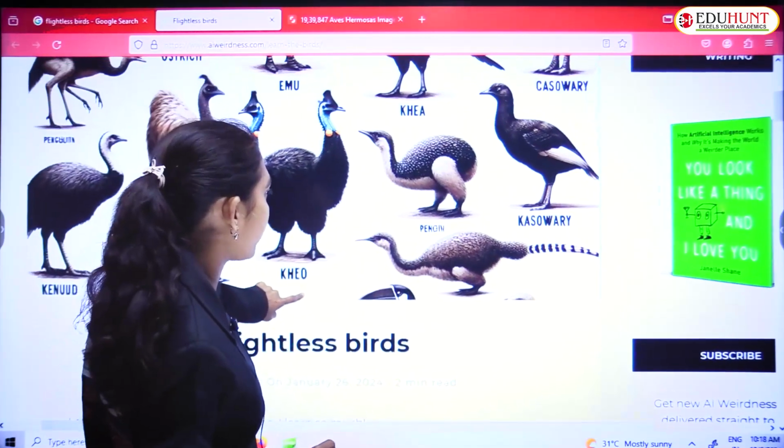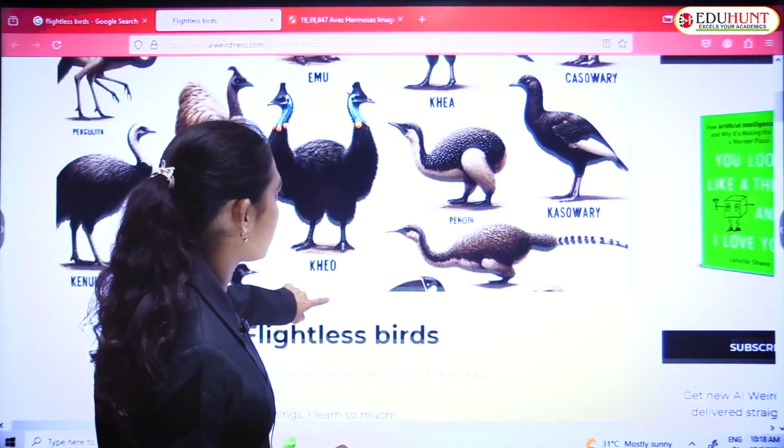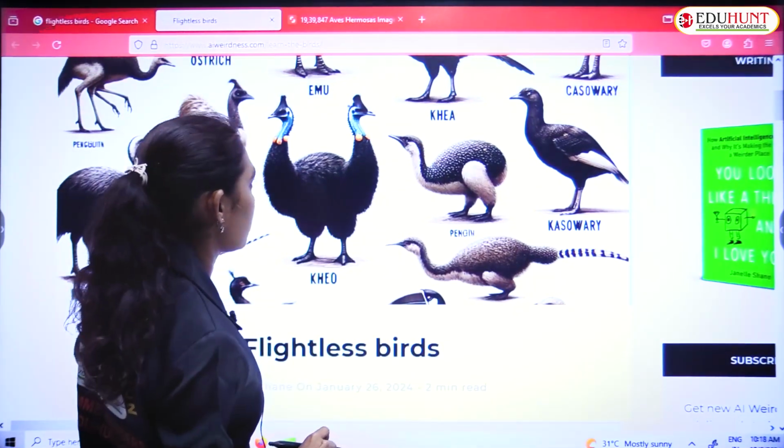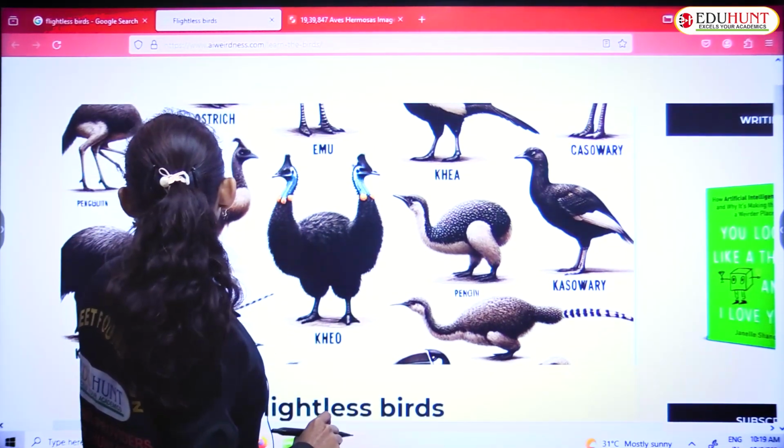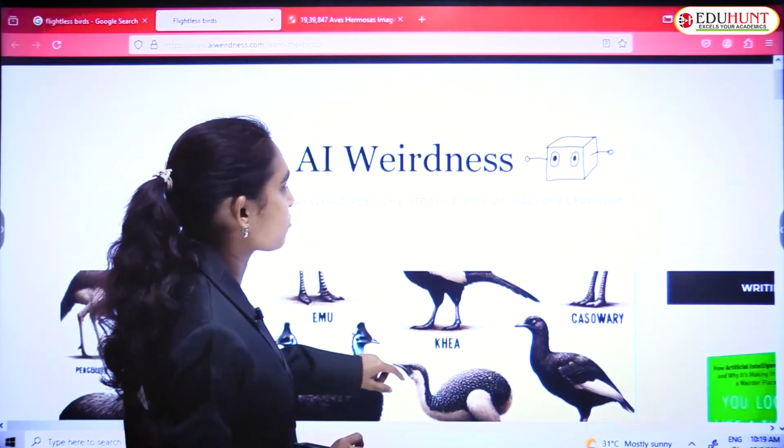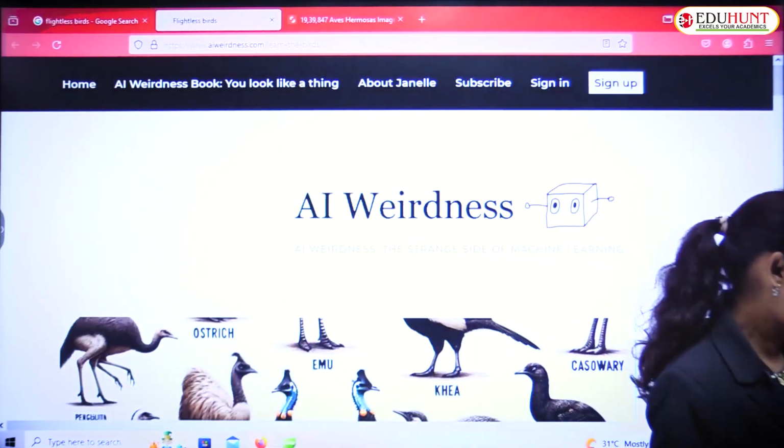These are some of the flightless birds. The picture is not clear, I'll show you another one.